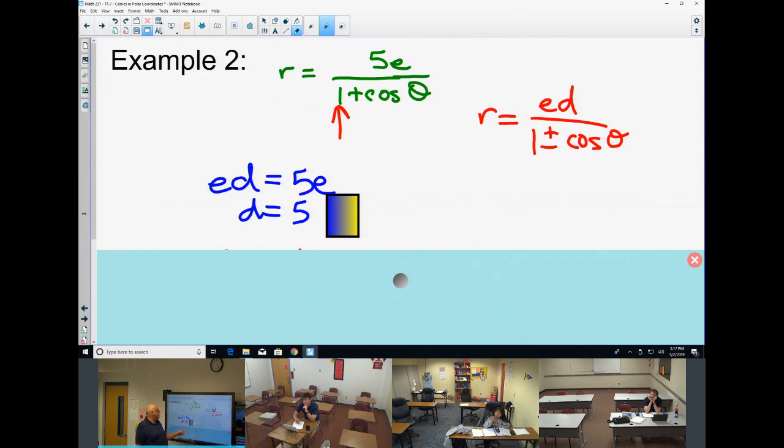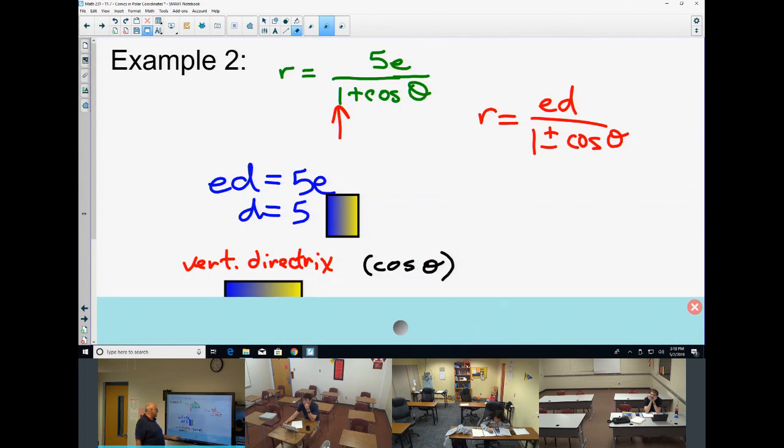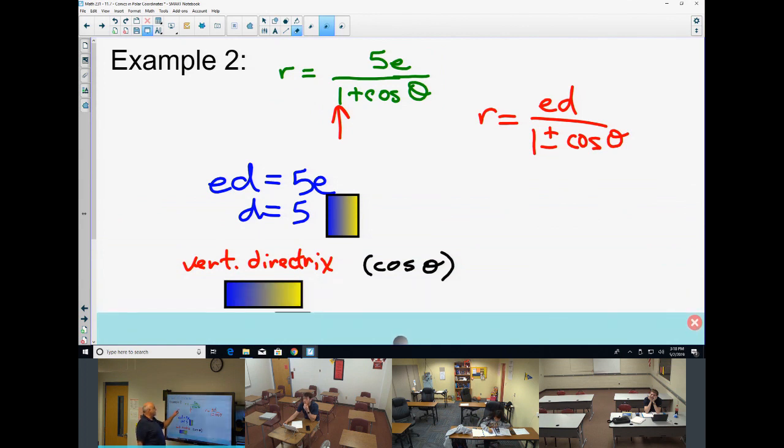The second thing we look at is is it plus or minus in here? If it's plus, then our directrix is going to be x equals plus, and then the d is 5. So that's the third thing. And so we have a vertical directrix because of the cosine, and so the equation is x equals positive 5.